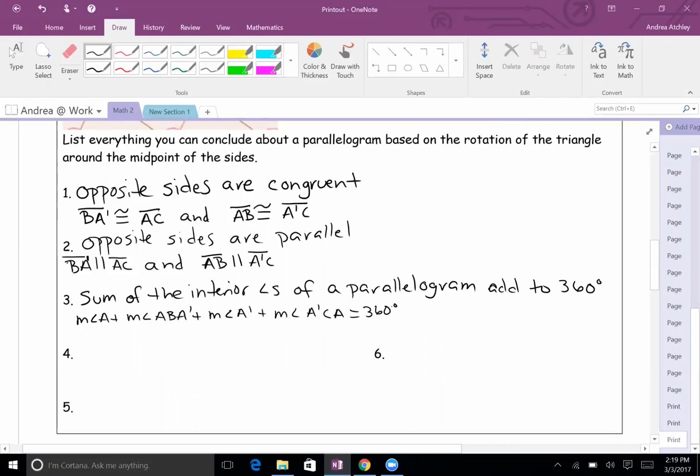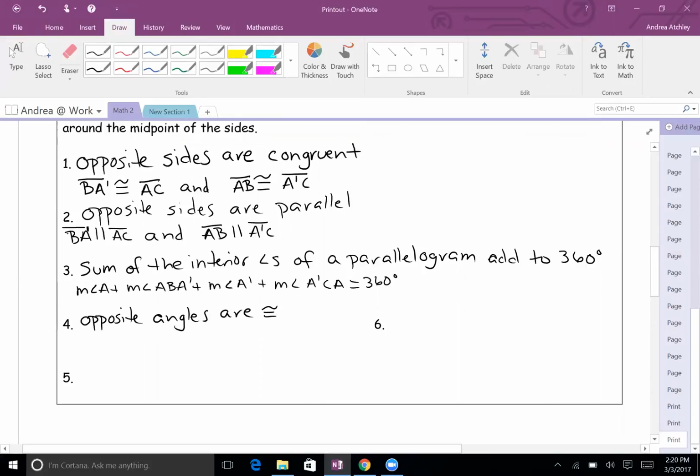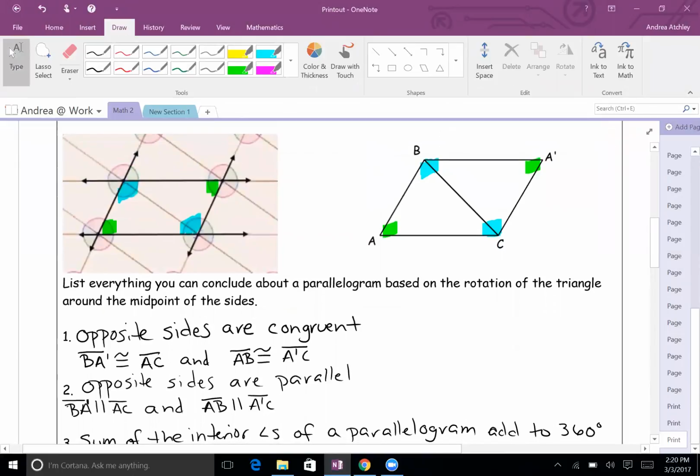Anybody come up with anything else? Opposite angles are equal. Okay. Opposite angles are congruent. That's why I color coordinated them. So angle A and A prime are congruent.